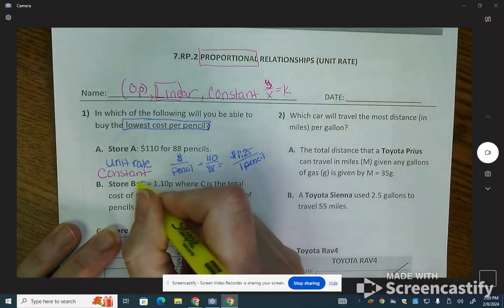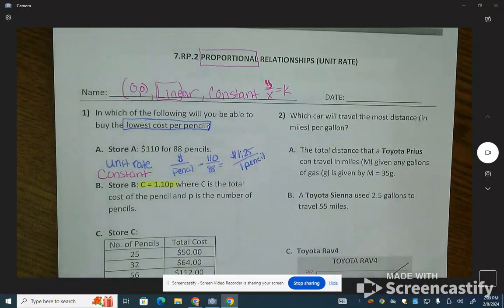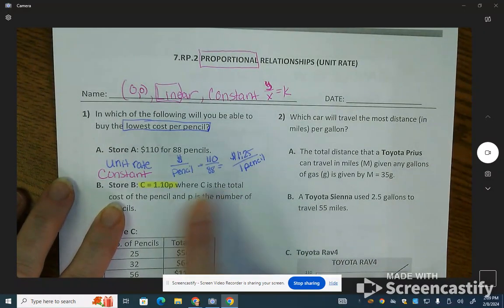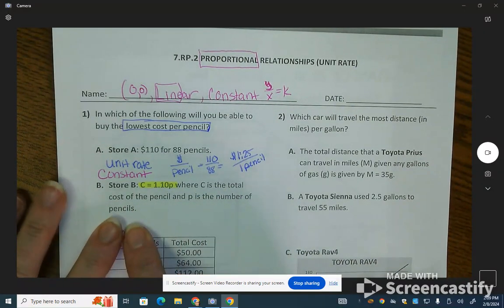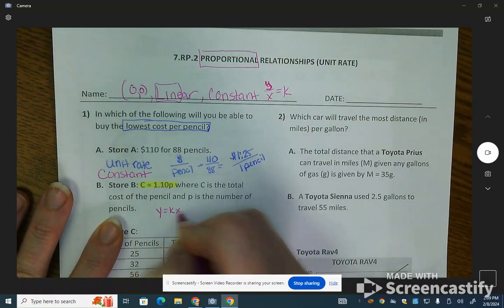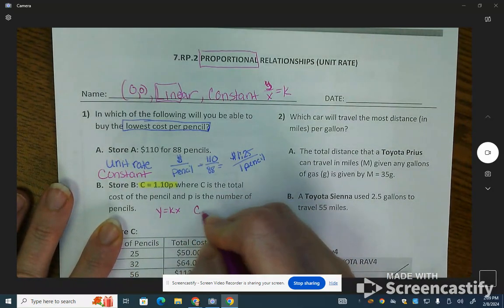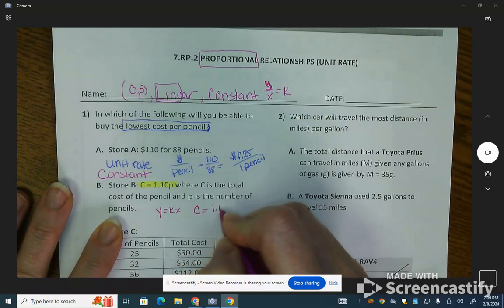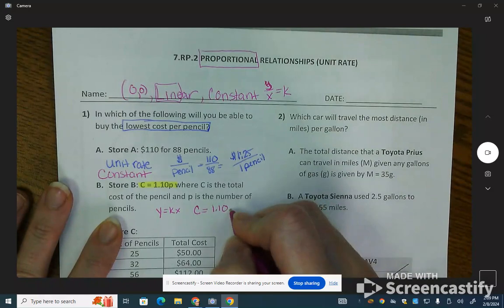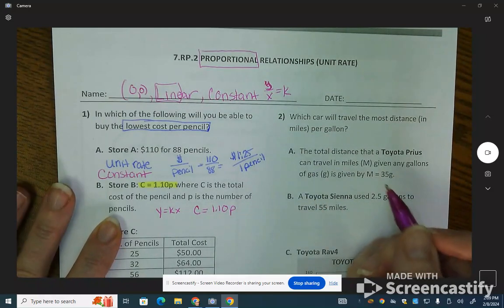Here is your equation. They already put it in the right form with the right letters. C is the total cost for the pencil, and P is the number of pencils. So remember yesterday, y equals kx. For this math problem, C is the money, $1.10, sorry, is the cost for a pencil, and P is the number of pencils.